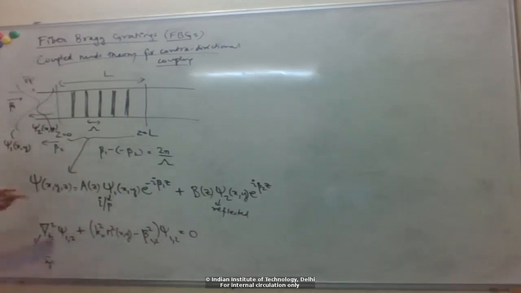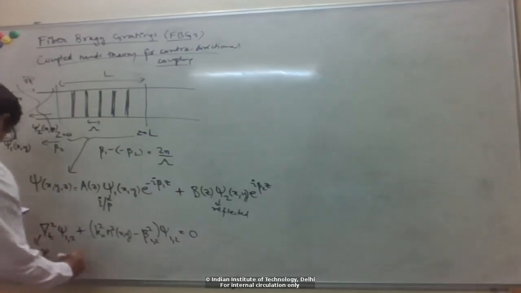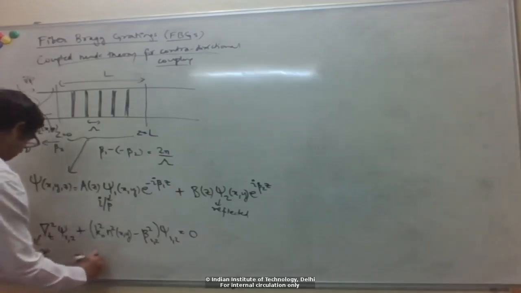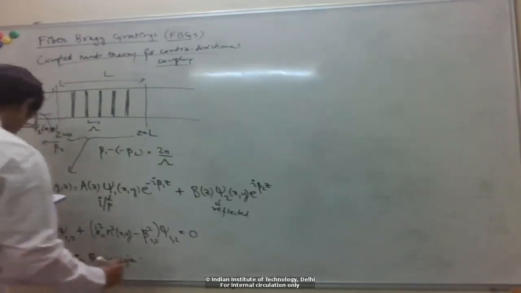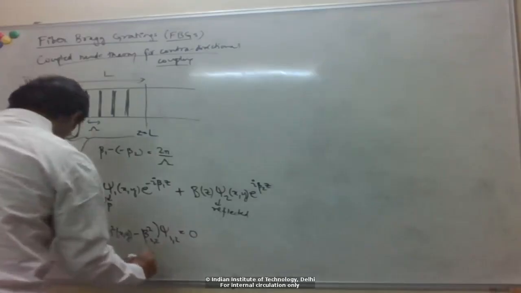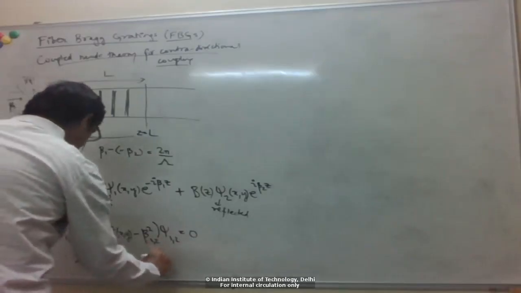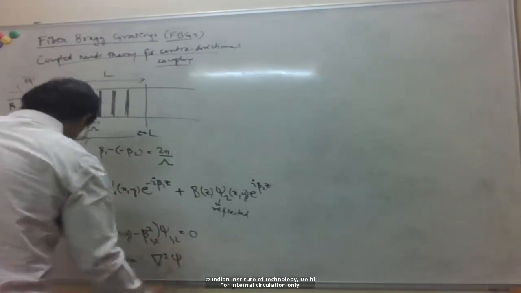So now, if you look at the field in the Bragg region, that needs to satisfy its wave equation in the Bragg region here. So that will be basically that.